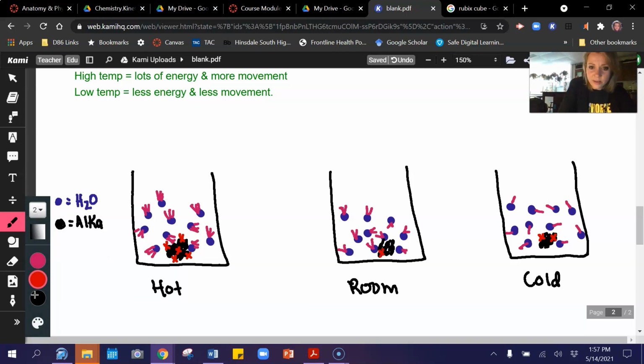So let's just give 3 little collision X's there to show that. And so my room temperature water molecules are moving around at a medium pace. You're going to have a medium number of collisions, and those collisions are going to happen with a medium amount of energy. So your Alka-Seltzer in the room temperature water is going to dissolve slower than the hot water, but faster than the cold water.